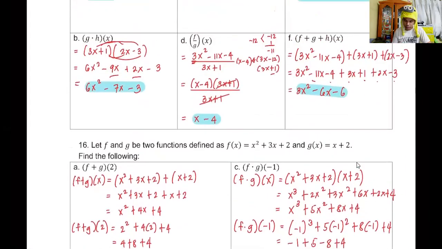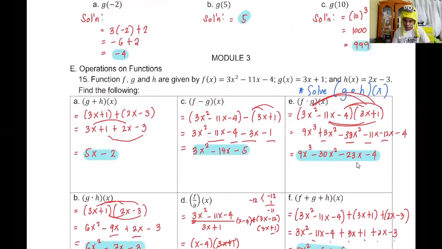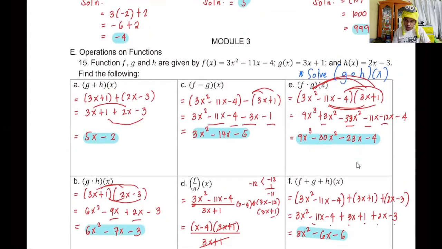Now, let us discuss earlier, say for example, g circle h, wherever that is solved. Okay? Let's look at it. So g circle h of x is this. You write the g first. Then the h, you substitute there. So it becomes 3 times, the h is 2x minus 3, plus 1.